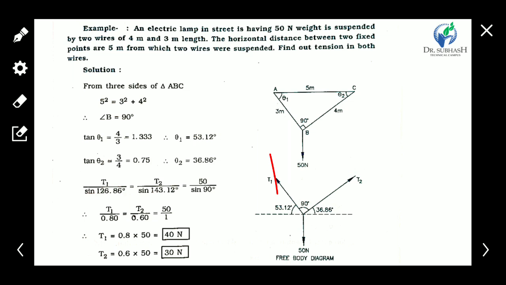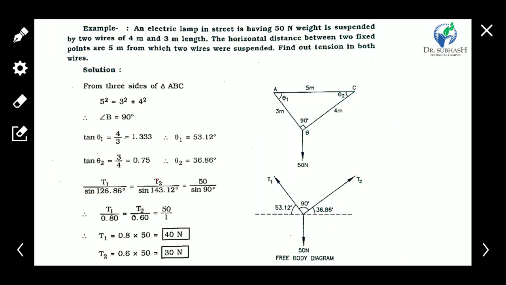Now apply Lami's theorem. First take the T1 force upon the sine of the angle between the 50 Newton and T2 force, which is 90 plus 36.86, so 126.86.